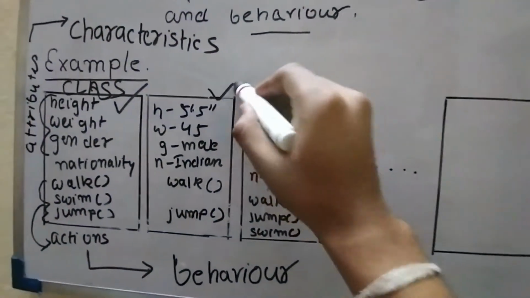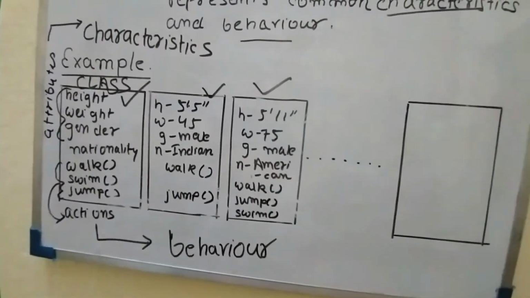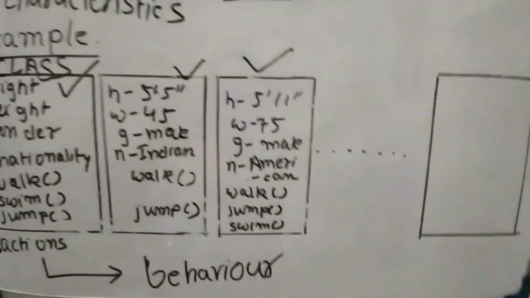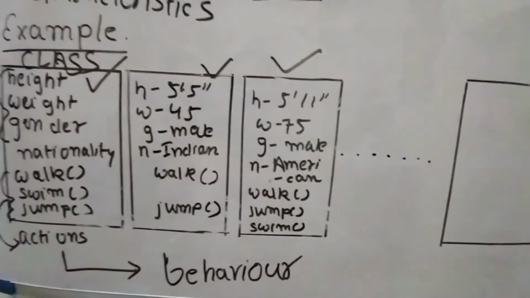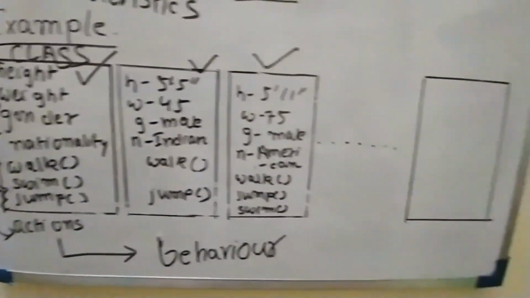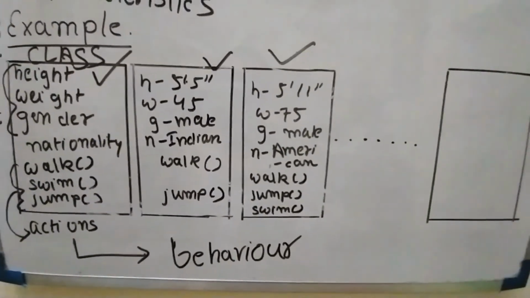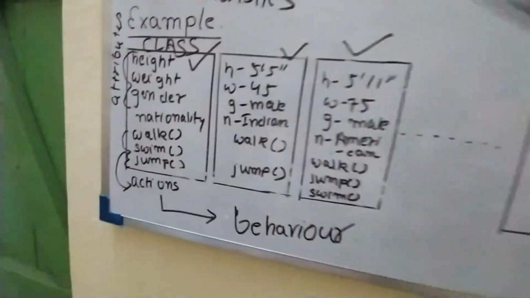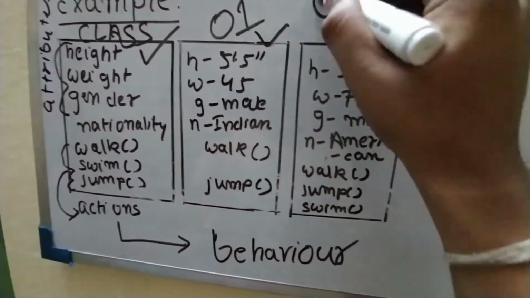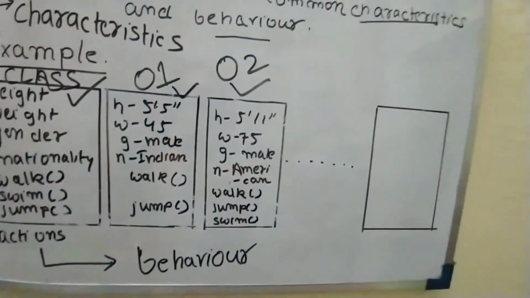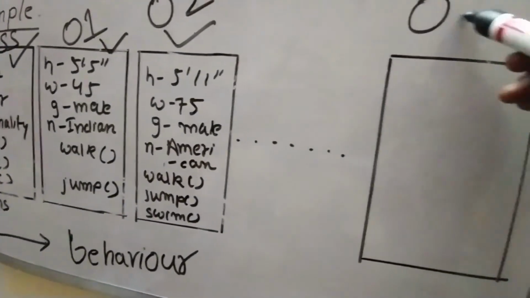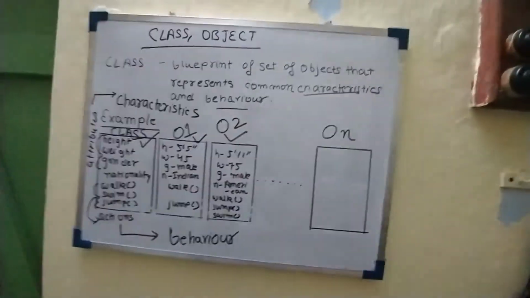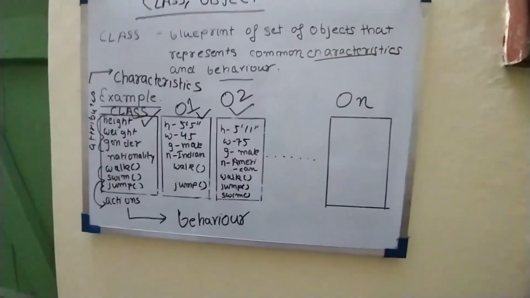Now what you find here and here is that this has a weight, this has a gender, this also has a gender, but this is an Indian, this is an American, and their behavior, their actions, are different. So these are objects. Object 1, object 2, and this can be object n. You can create an infinite number of objects.